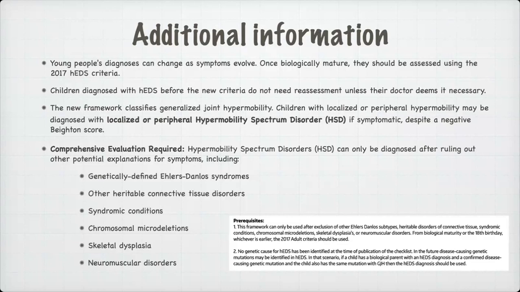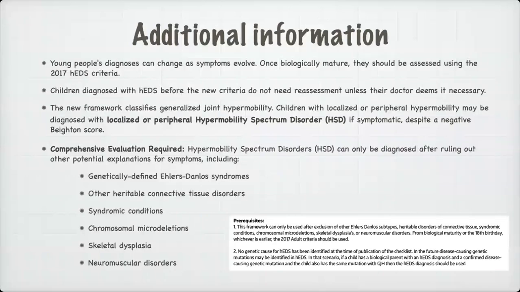The new framework classifies generalized joint hypermobility. Children with localized or peripheral hypermobility may be diagnosed with an extra note that it's a localized or peripheral hypermobility spectrum disorder if symptomatic despite a negative Beighton score. This pops up quite often in the last couple of weeks with the kids I see for assessment, who scored negative for the Beighton score and positive for everything else.